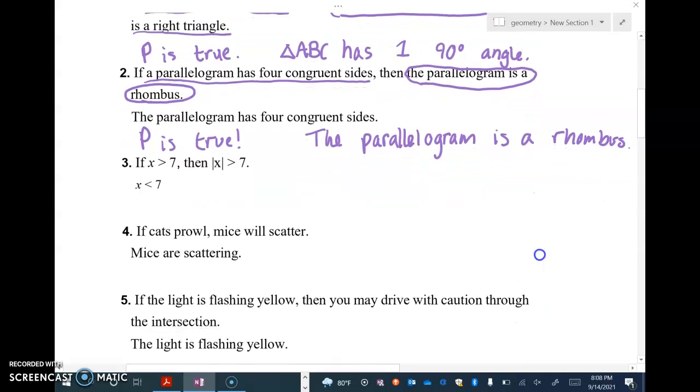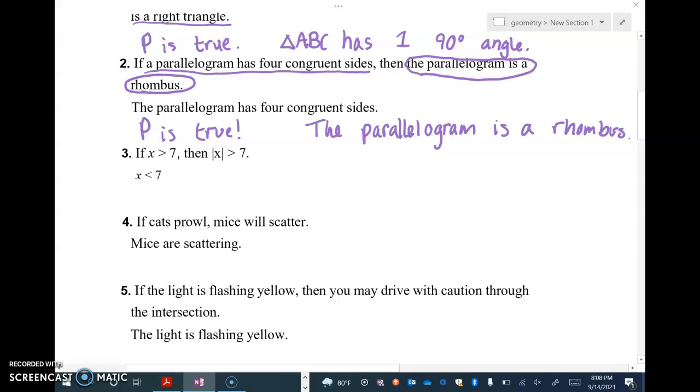Nice. All right, number 3. If P, then Q. So we have if X is greater than 7, if P, then the absolute value of X is greater than 7. That'll be our Q. Now this is telling us X is less than 7. Is that telling us P is true?